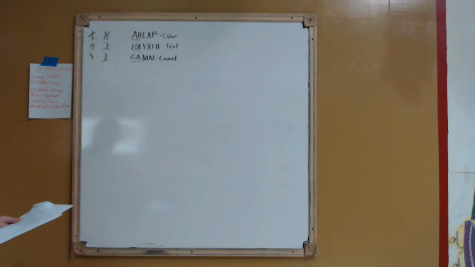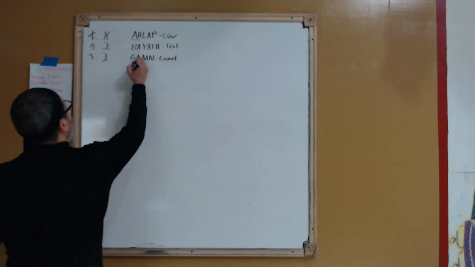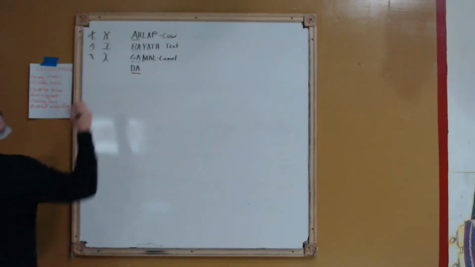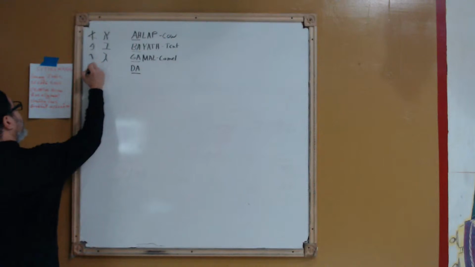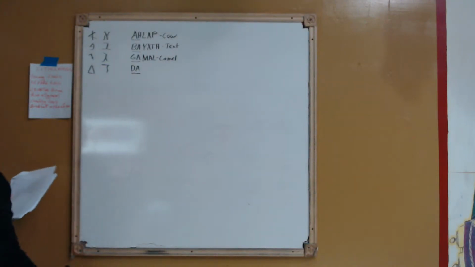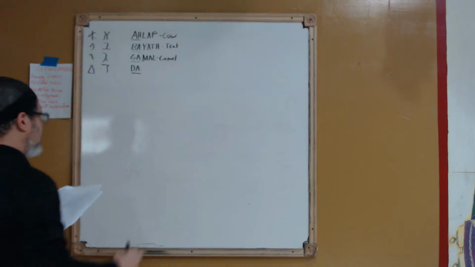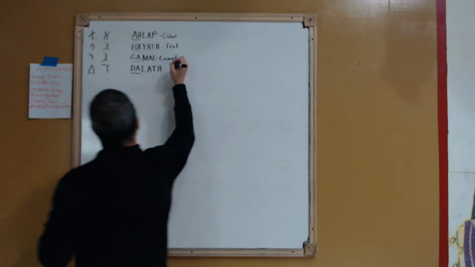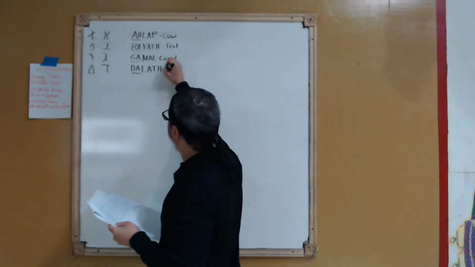Next we have the da. Da. Okay. And the da symbol was the triangle in the ancient. And the modern, like one line across, like a little squiggly on the right side. And that was short for the Daloth, which is door.